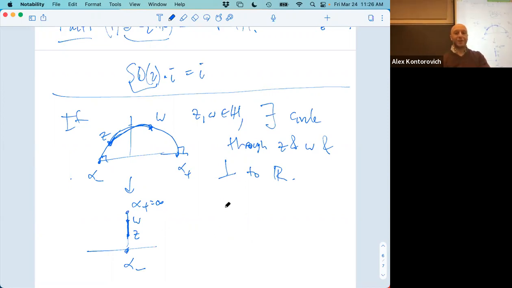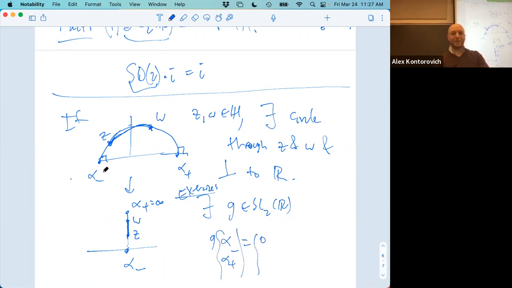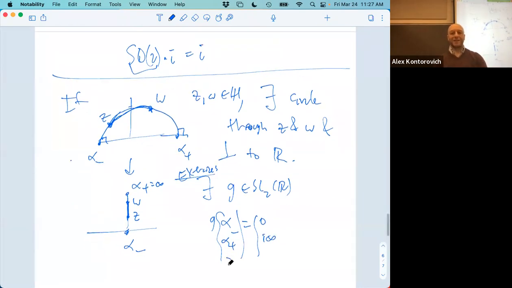So there exists an element G in SL2R, I'll let you leave this as an exercise, which sends alpha minus to 0, alpha plus to infinity, and Z, which is going to be on the curve between those two, to I. And once I specify that Z goes to I, it's unique.